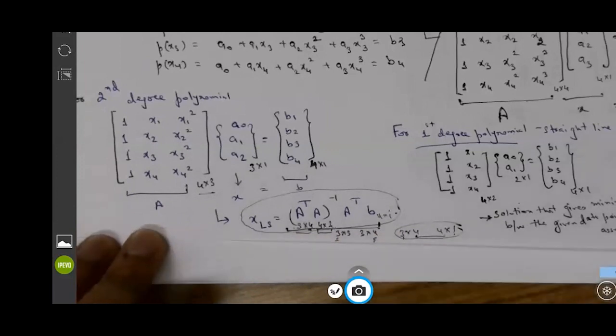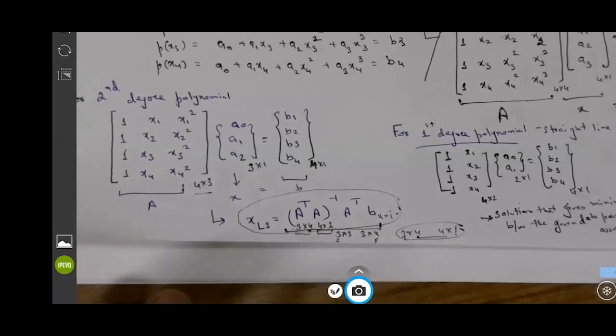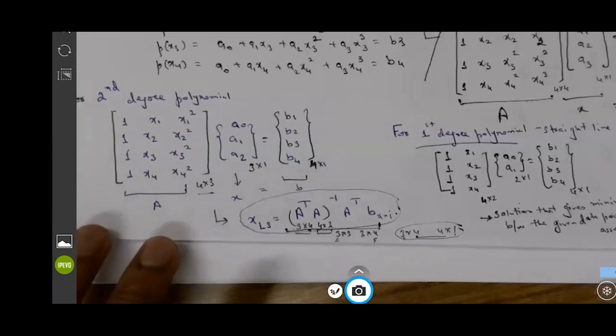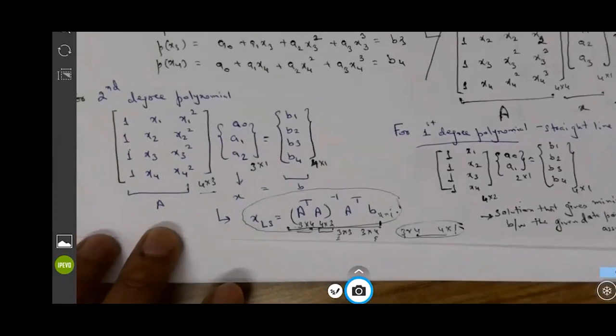You can use it for any polynomial, whether it is third degree, fourth degree, fifth degree, or any other function. You can always use this formulation. That would be very useful if you happen to solve an overdetermined or underdetermined system sometime. Any questions, guys? Or if you are not following, any questions so far?